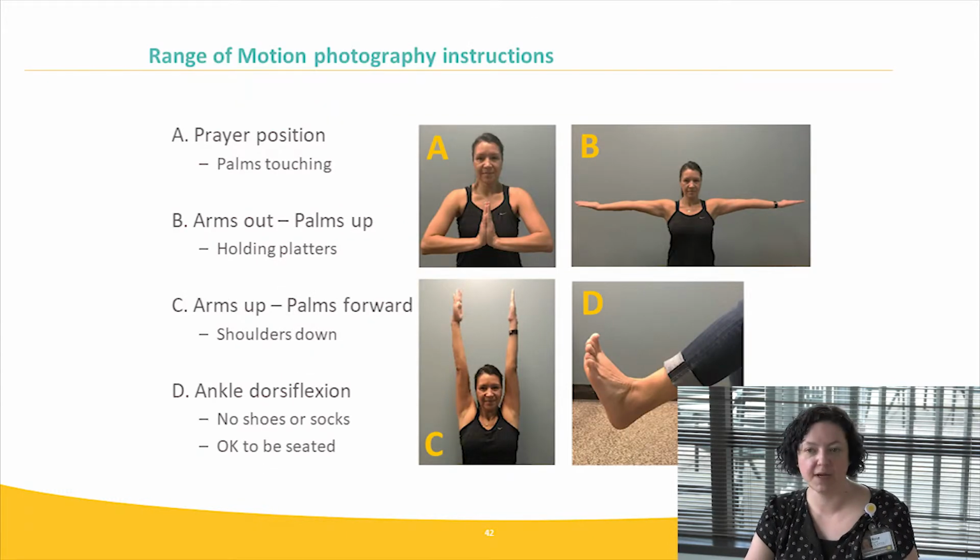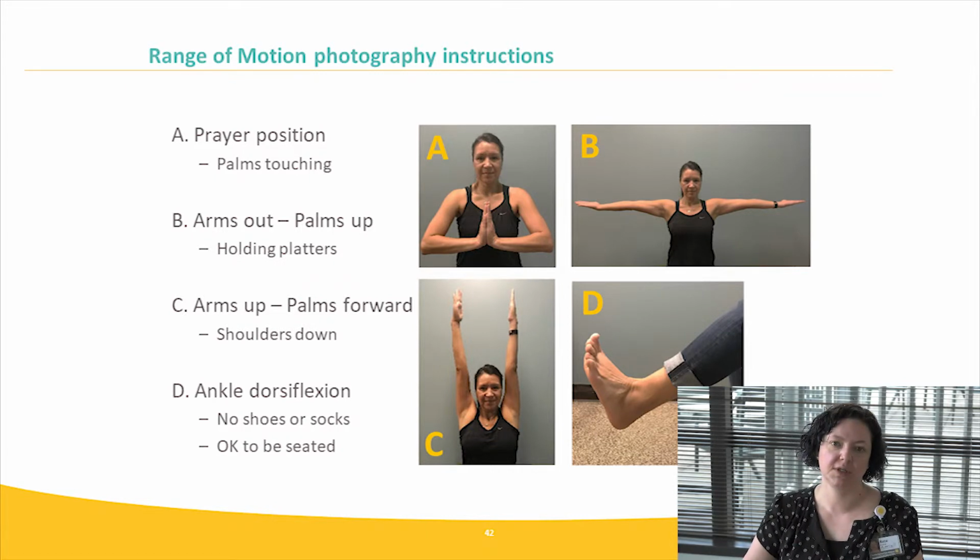So if you've had them already, or you may be scheduled to have your range of motion photos in long-term follow-up, we take a picture of you in these kind of funny poses, but they're useful to show us what your baseline range of motion is when you leave your active team here. So if you identify any changes going forward, we can have you or your providers recreate these poses, and we'll compare them to the photos we have on file and see if there's been a change since you left transplant.